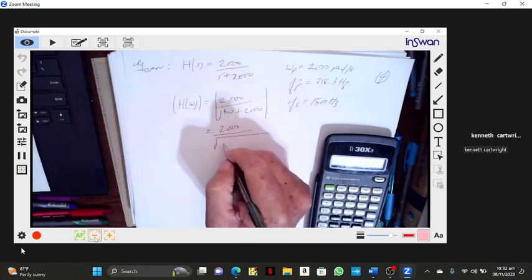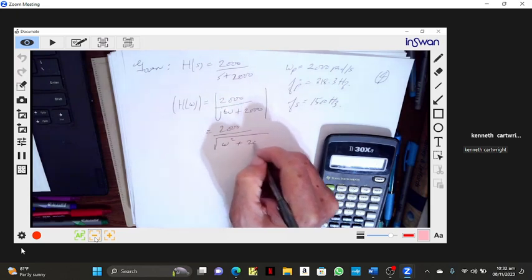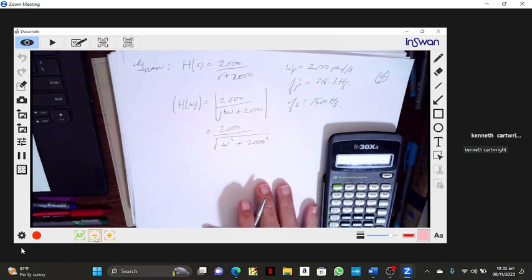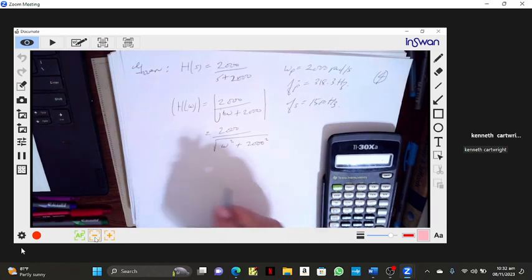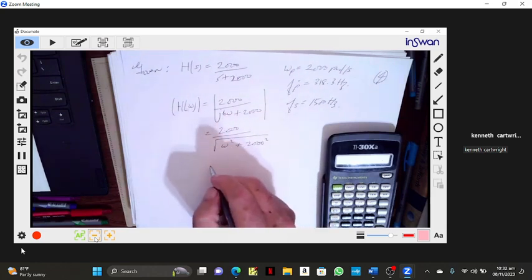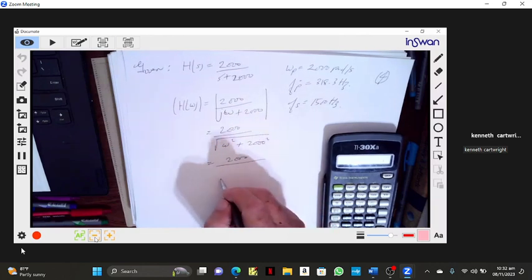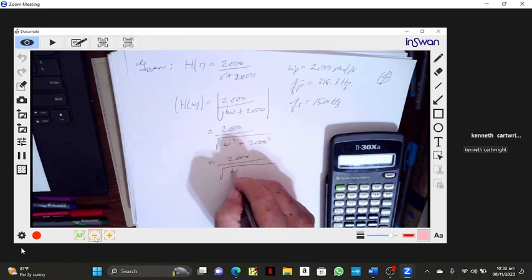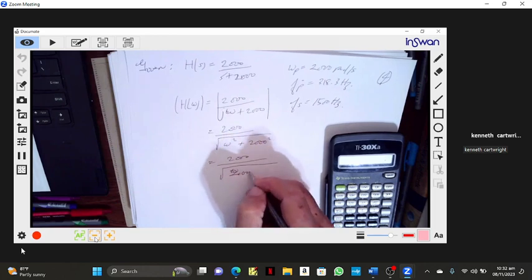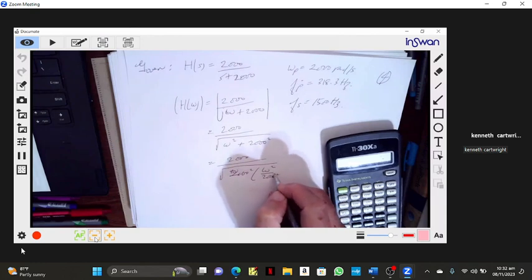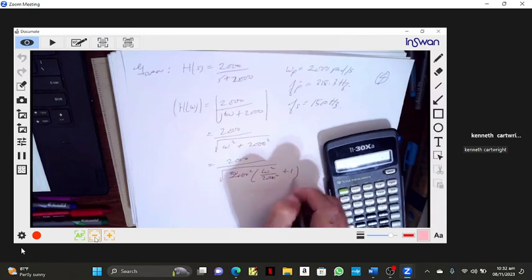So this is the square root of omega squared plus 2,000 squared. We could write that as 2,000 over 2,000 squared times omega squared over 2,000 squared plus 1.